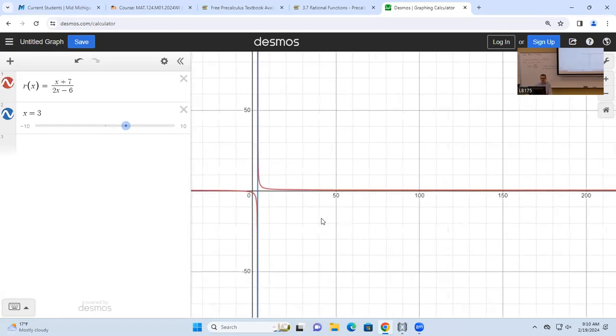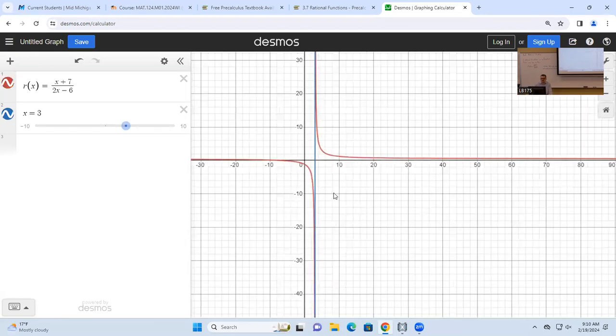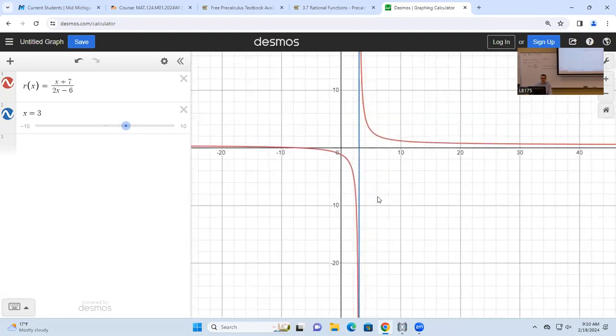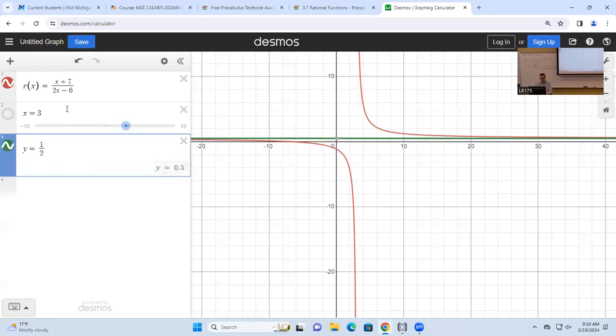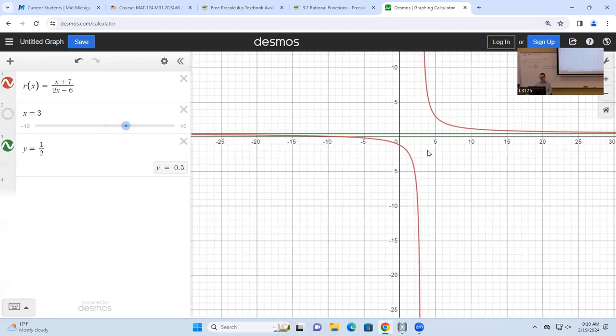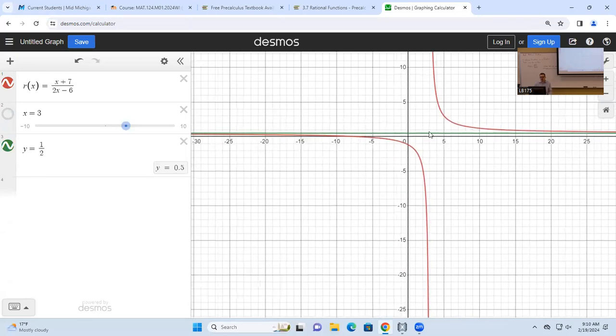It turns out that just like this vertical asymptote, if you draw a line, in this case it's y equals 1/2 or y equals 0.5, that is also a line that this function approaches, but that's a horizontal asymptote.